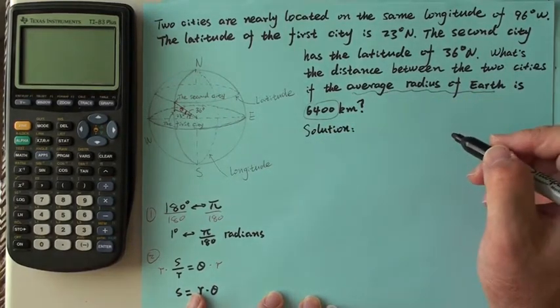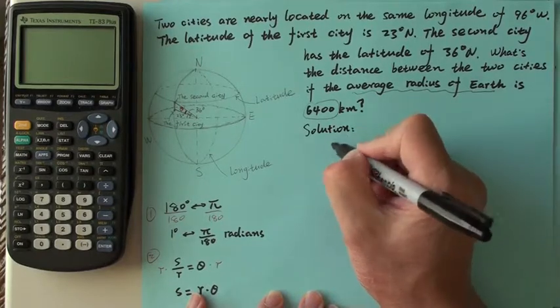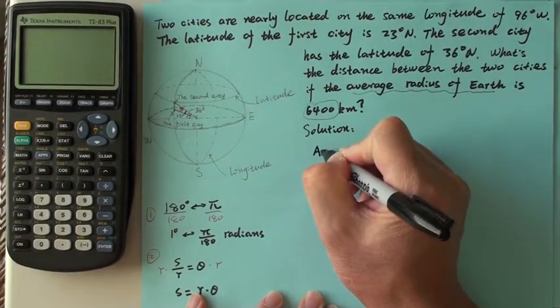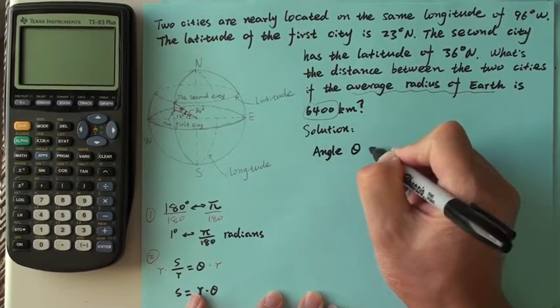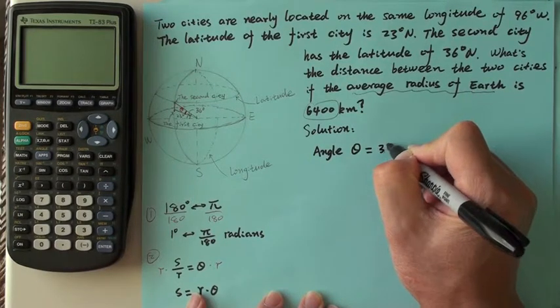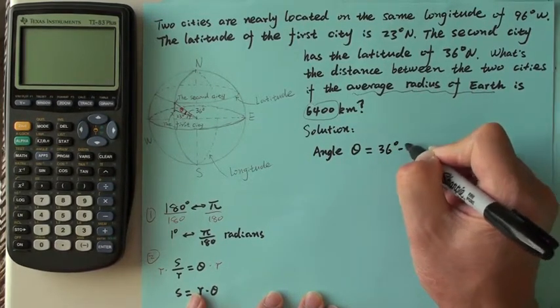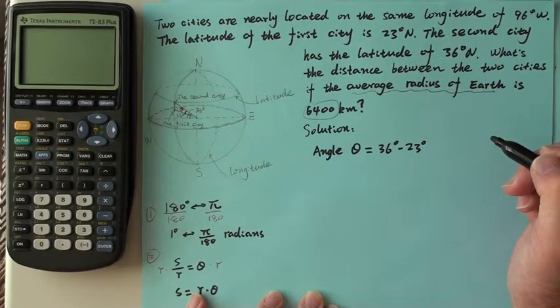Here is the solution. The angle theta equals 36 degrees minus 23 degrees.